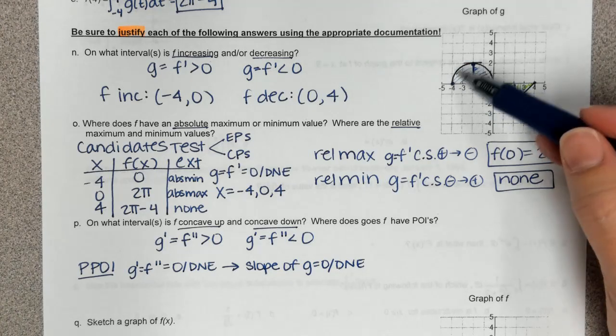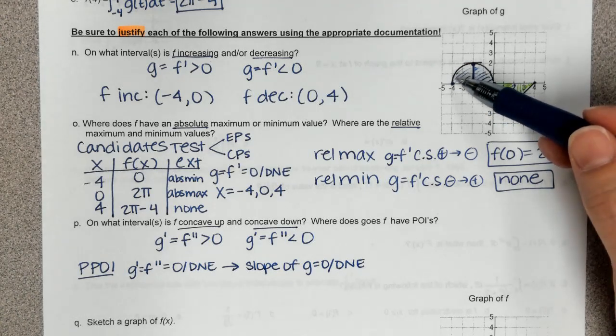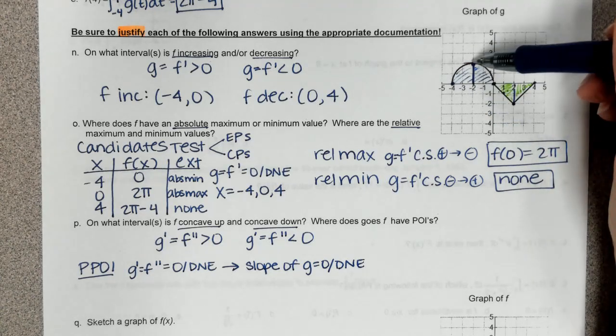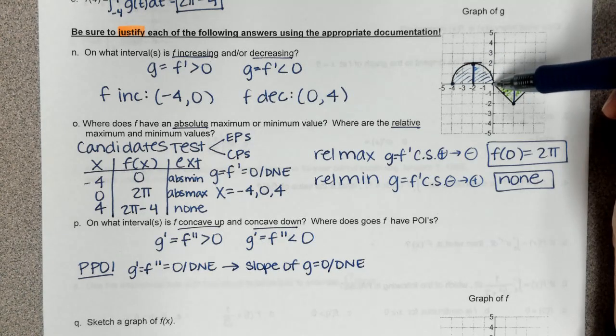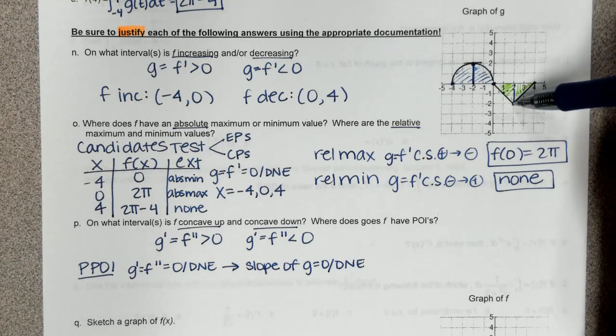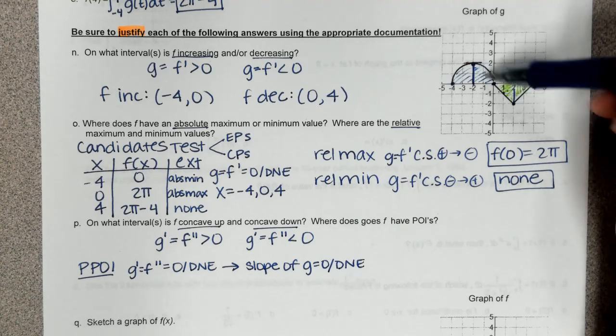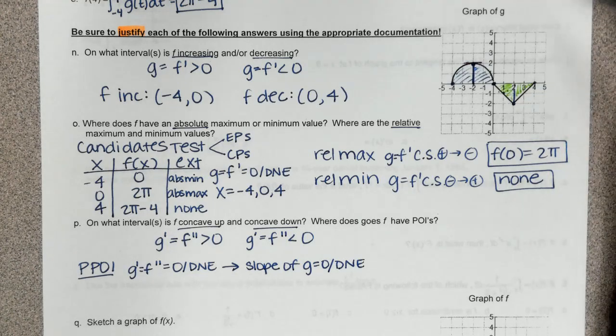Well, looking at the slopes, the slope is undefined at -2, undefined here at 0 because of the corner. It's undefined at 2 because of the corner, so the slopes are undefined at those 3 places. We're not including those endpoints there.